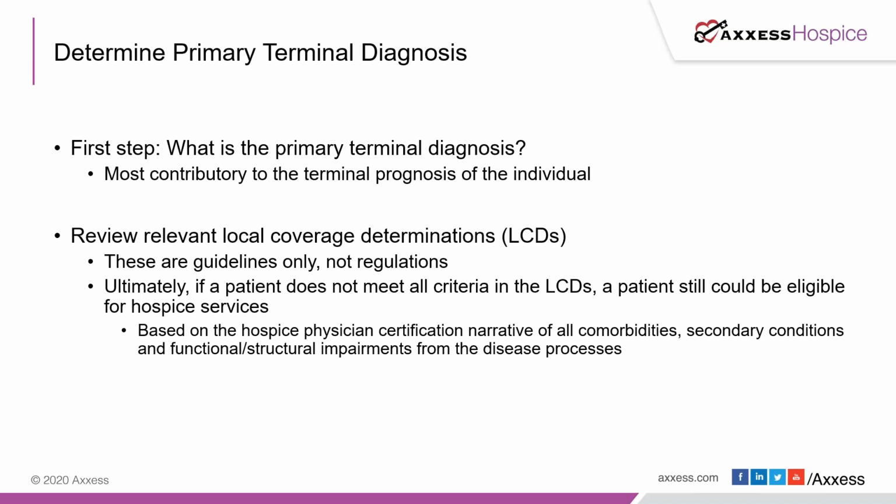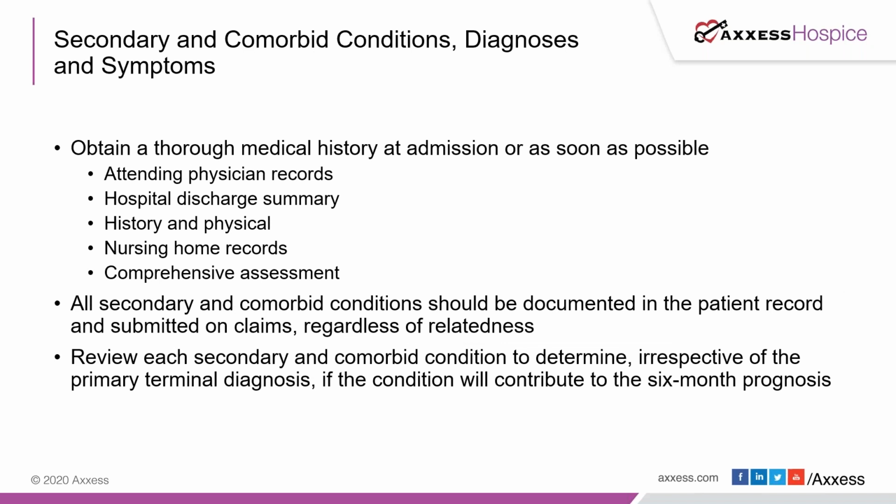It's up to the hospice physician to put together the story, looking at the full picture of the patient, as to what is the terminal diagnosis and that the patient is eligible for hospice services. In looking at the secondary and comorbid conditions, diagnoses, and symptoms, getting as much history as possible at admission or as soon as possible after is key.